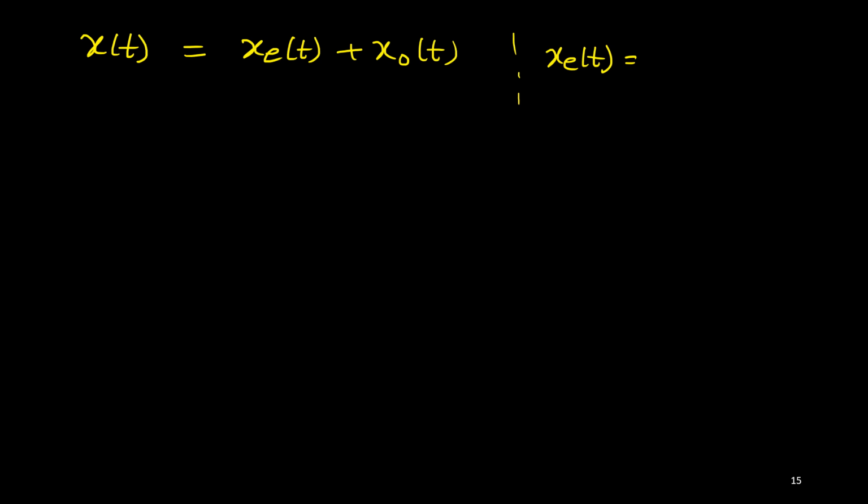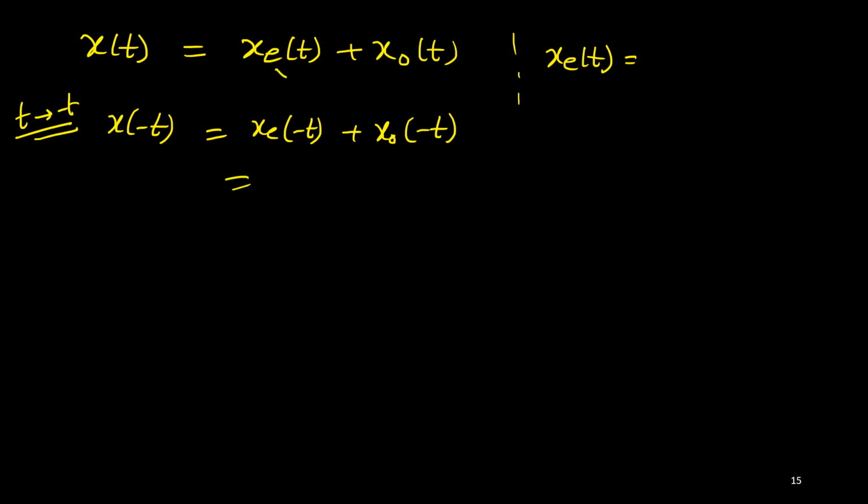So how to find out? If I replace t by minus t, then you will get x of minus t, so xe of minus t plus xo of minus t. But as this is the even part and this is the odd part, the even signal will remain same, xe of t. As it is odd, its sign will change, minus xo of t.